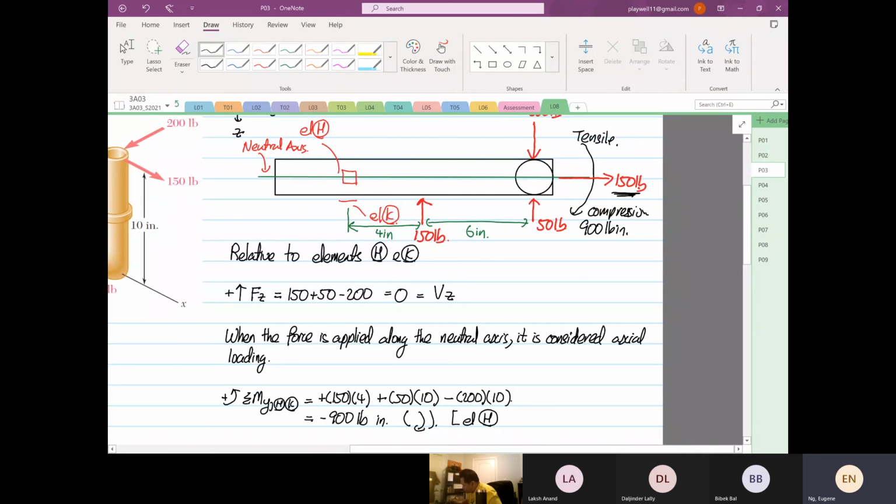Element H is going to be under tensile. Sorry, element H is not. Element H is going to be equal to 0 because it's on the neutral axis. You can see that. And your element K is going to be in compression.